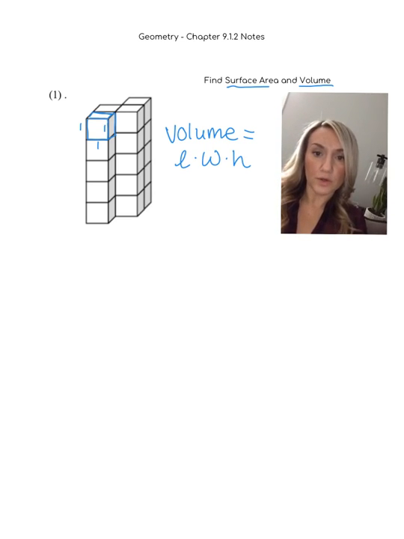Because all of those are 1, each cube in this three-dimensional figure is going to represent 1. I don't want to know the volume of just one cube, I want all of them. So if you count them, you'd be able to see what the volume is.